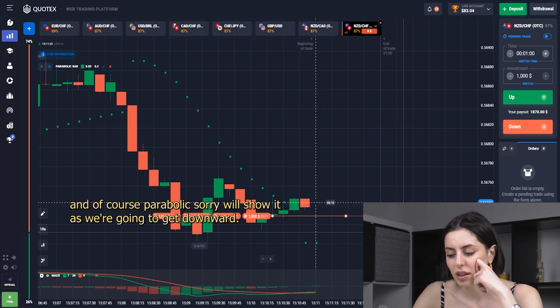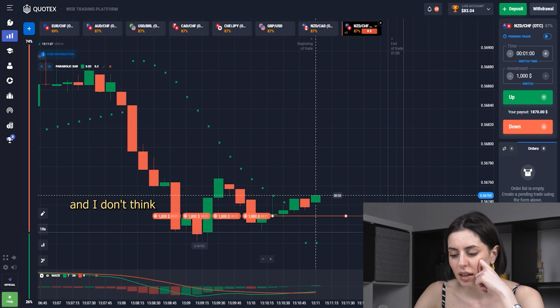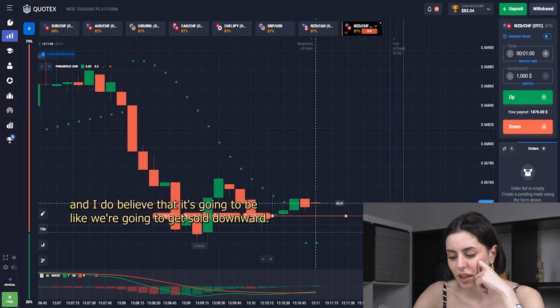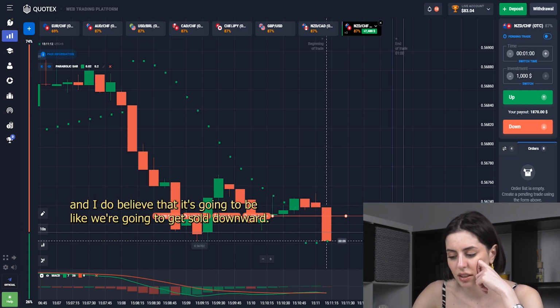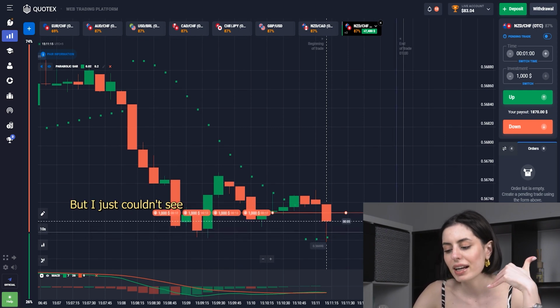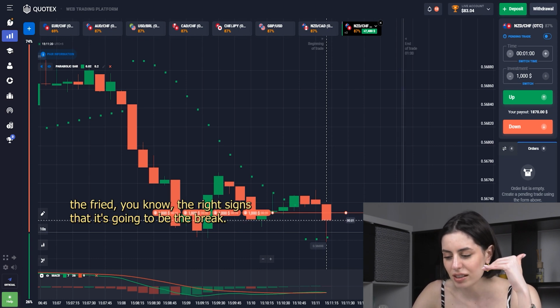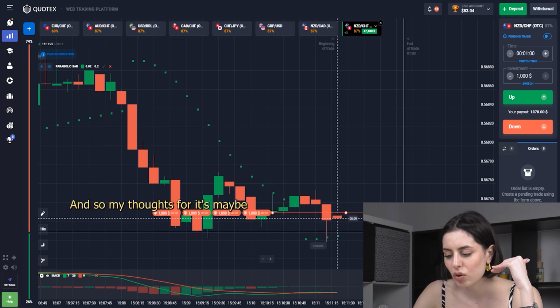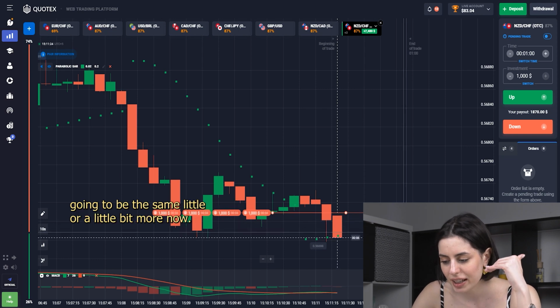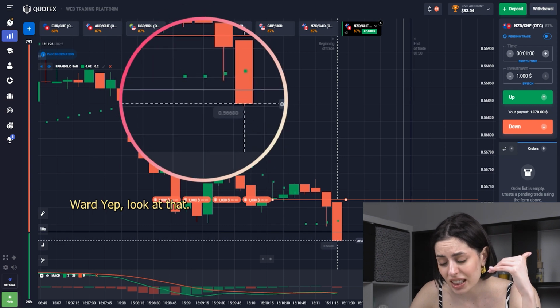And of course, parabolic SAR will show us we're going to get downward, but it doesn't really work. I didn't believe we were going to go so far downward, but I just couldn't see the right signs that there would be a break. So my thoughts were it's maybe going to be the same level or a little bit more downward.